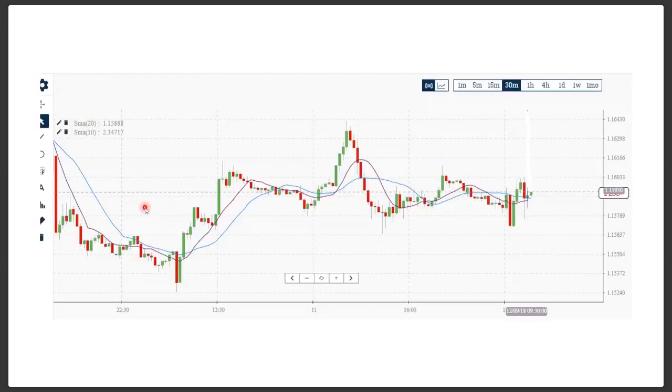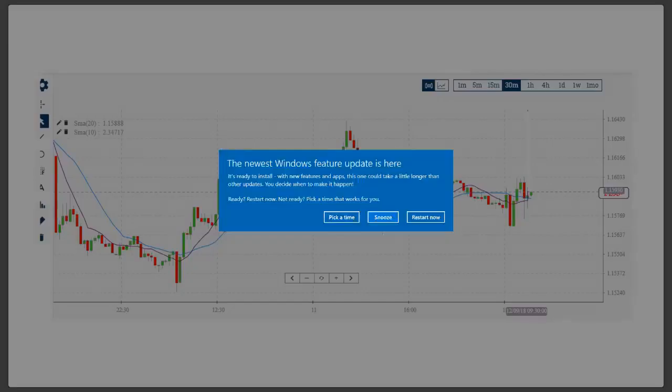So if the smaller one breaks above the larger one, the trend has changed and the asset's going to start to move upwards. If the smaller moving average, i.e. the 10, crosses below the larger moving average, i.e. the 20, then the asset is going to start to move downwards as it's being sold off.